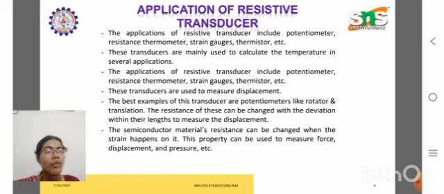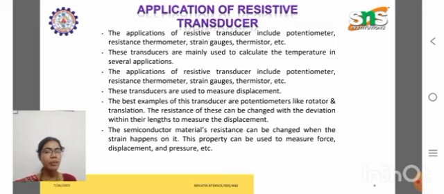They are also used to measure displacement. The best examples are potentiometers, like rotary and translatory. The resistance of these can be changed with the deviation in their length to measure the displacement.